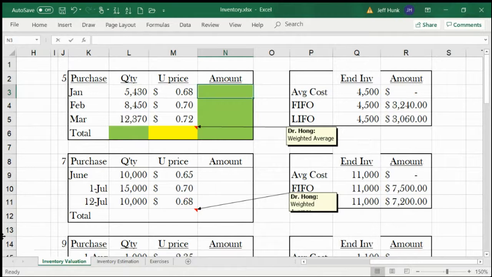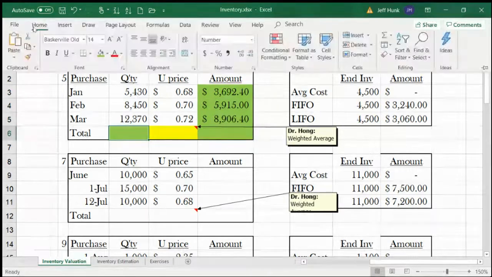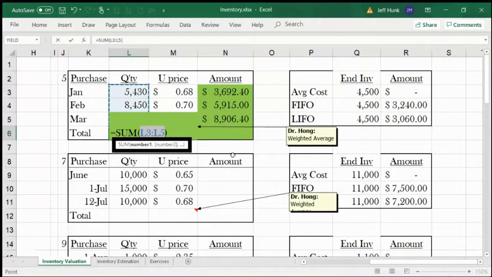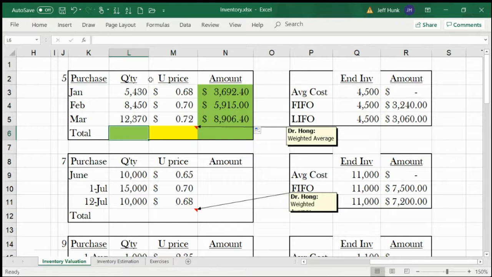First, it's not that difficult. Simply multiply this times this, and you drag it down. And then you find auto sum. Oh, I should have done simply auto sum there.